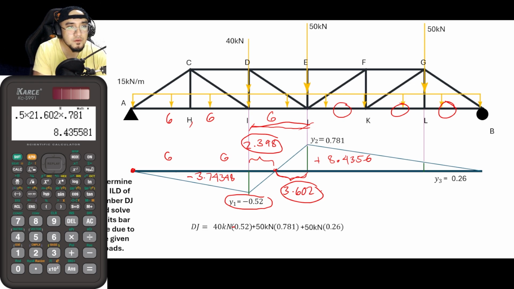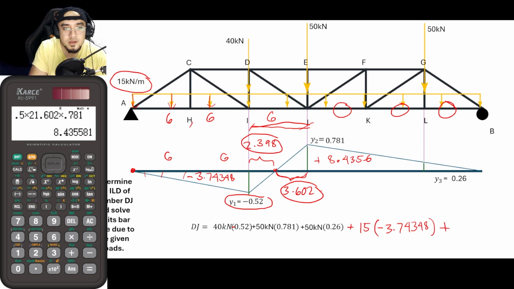And as for this uniformly distributed load, that is plus 15 kilonewton per meter times, since the whole 15 kilonewton per meter is acting on the whole area 1, times area 1, and that is negative 3.74348.